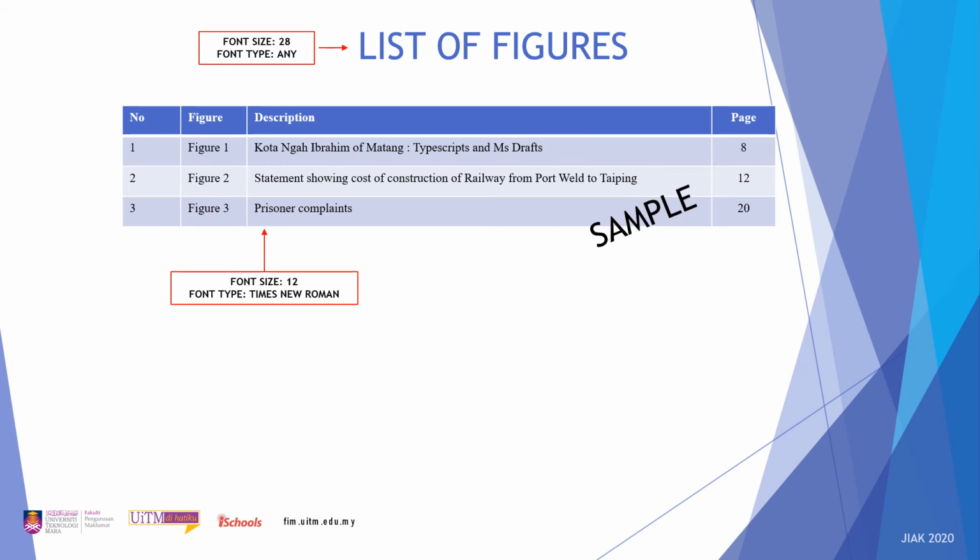You need to have a caption for each of the figures. For example, like this, figure 1, Kota Ngah Ibrahim of Matang, and so forth. So this one is for the list of figures page.